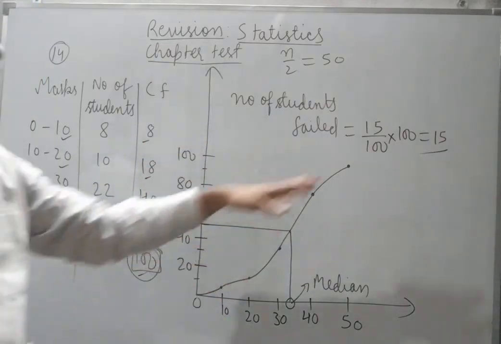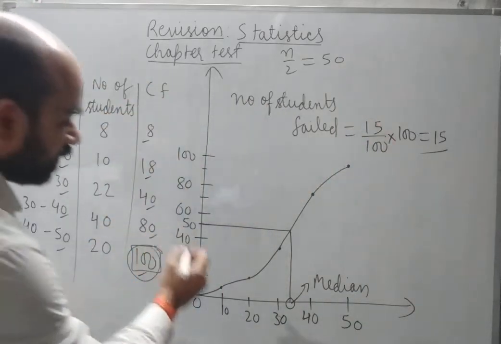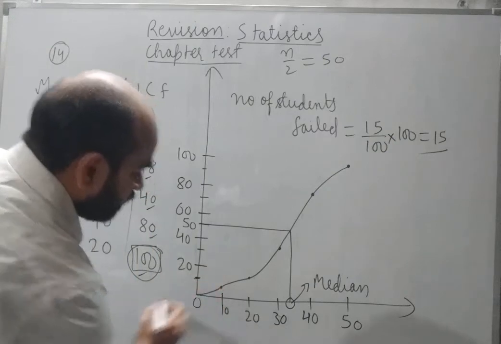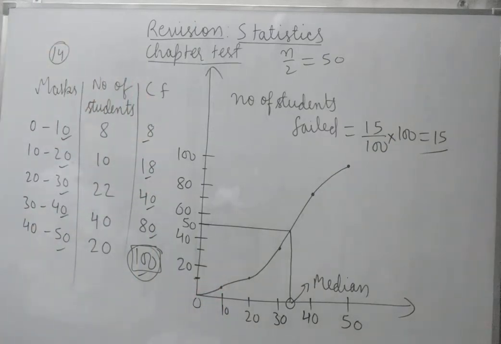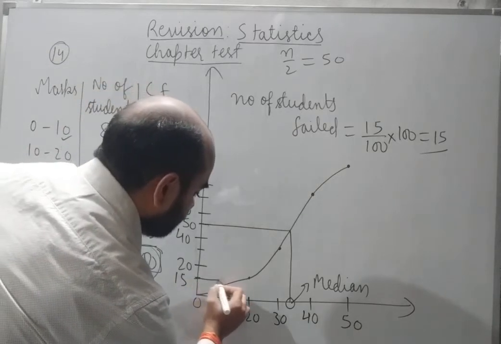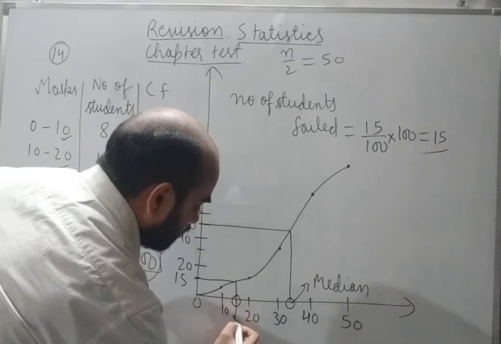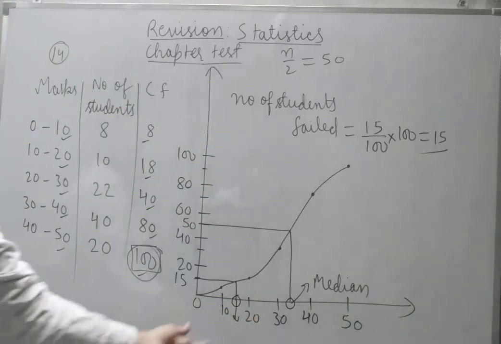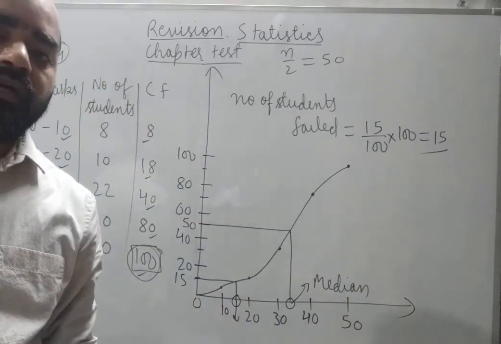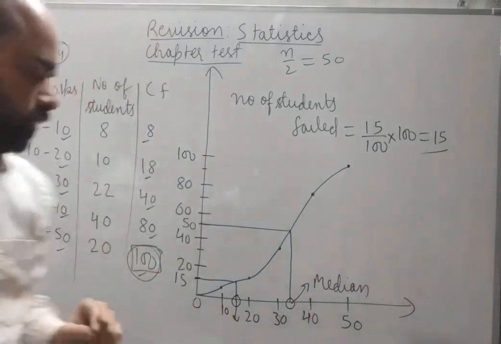Okay. So 15 are failed means 15 students. 15 will be here. Correct? From 15 we will draw horizontal line, and then we will draw vertical line. So this will give passing marks. Why? Because these 15 students are failed.